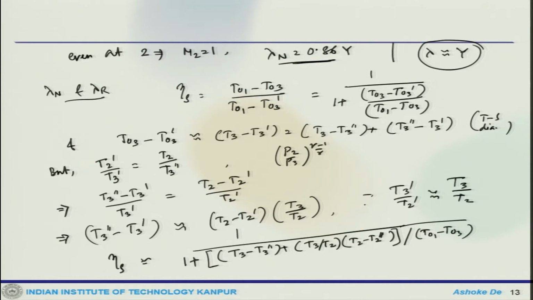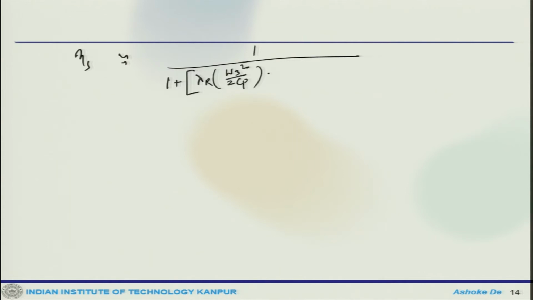Okay. So, this further we can write as 1 plus lambda r W 3 square by 2 C p, plus T 3 by T 2 lambda n V 2 square by 2 C p, divided by T naught 1 minus T naught 3.